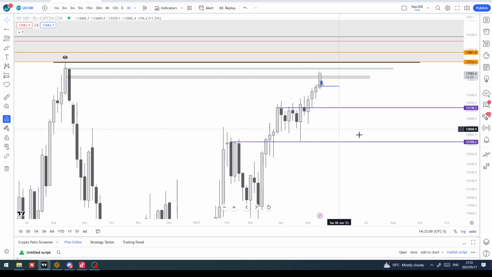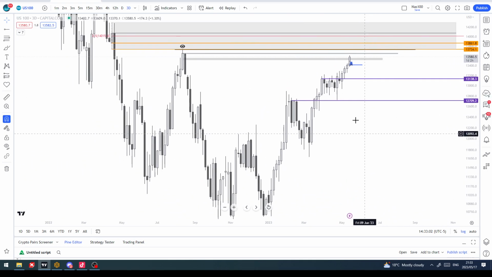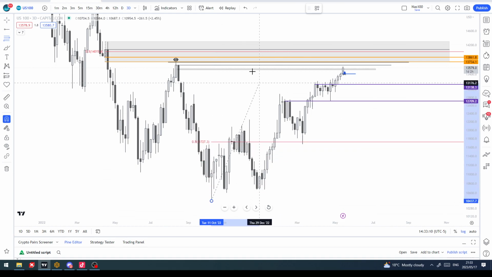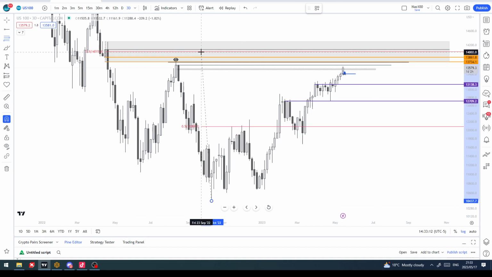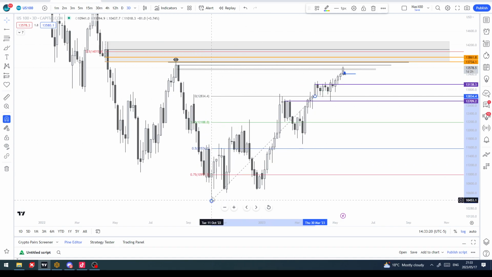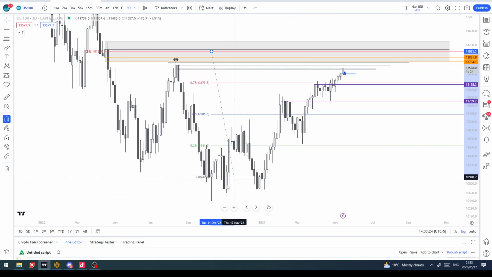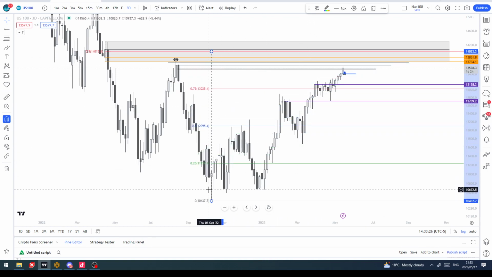So going into, let's try something here, right? If we had the move from here and the draw on liquidity is say 50% of this order block all the way up here, and we grade the swing, let's grade it the other way, 50%, and bring it all the way down here, right?